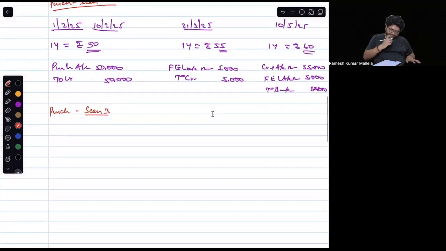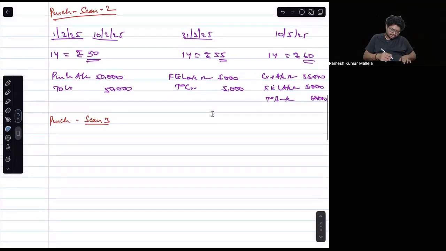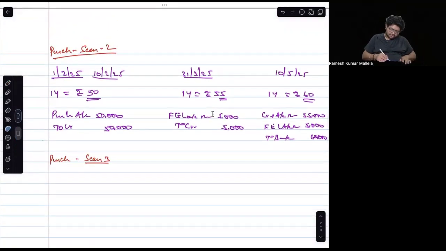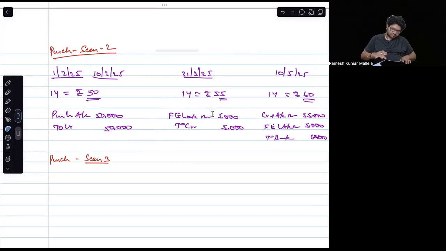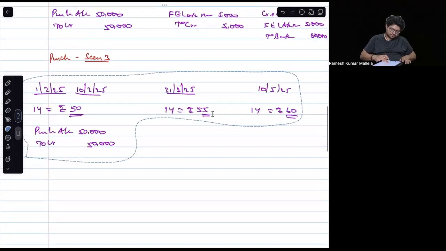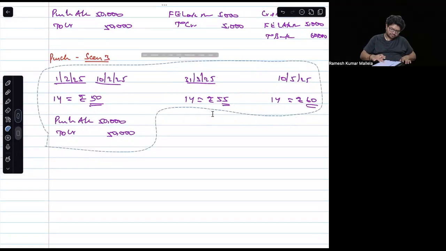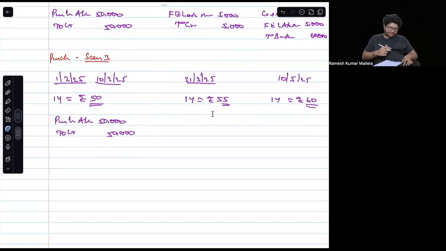Okay, now scenario 3. Same transaction, but in the middle, it has become 45 and then became 60.